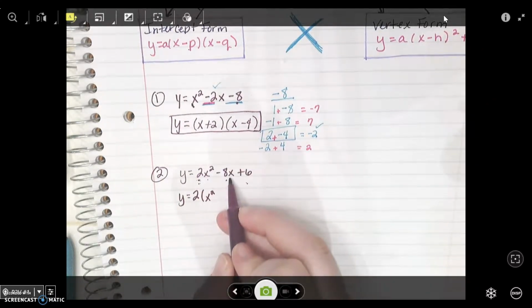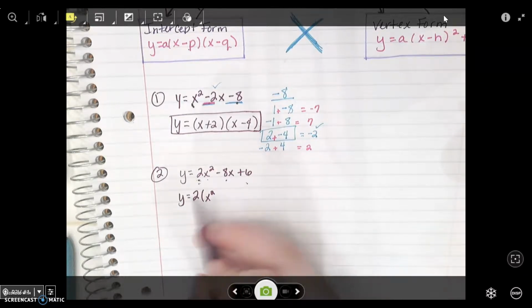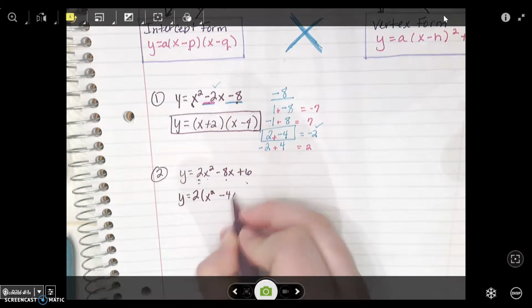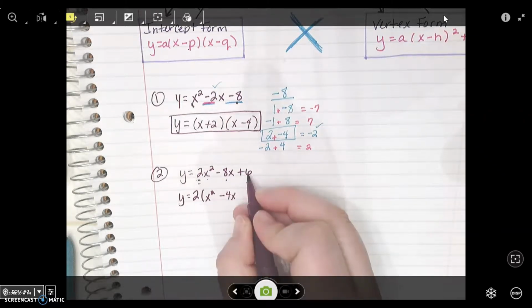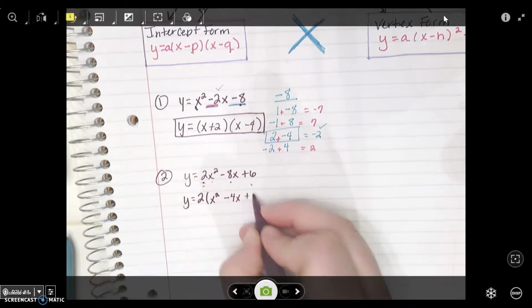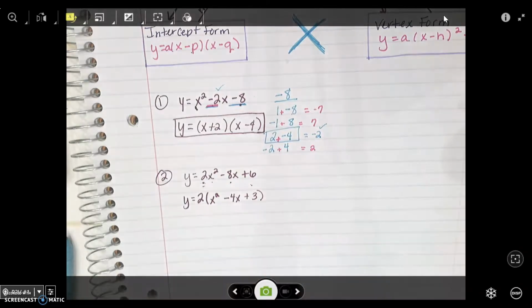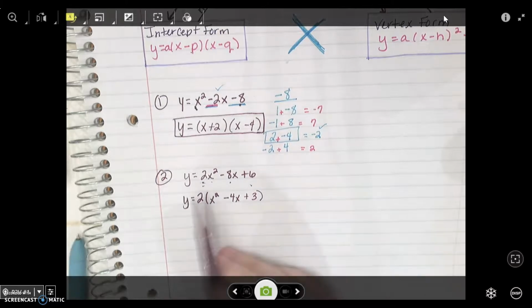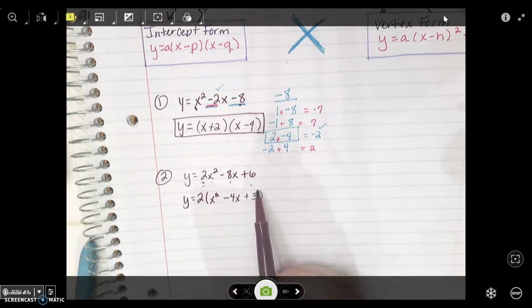When you divide out a 2 from negative 8x, negative 8 divided by 2 is negative 4. Keep the x. 6 divided by 2 is 3. Okay. We factored out a 2.